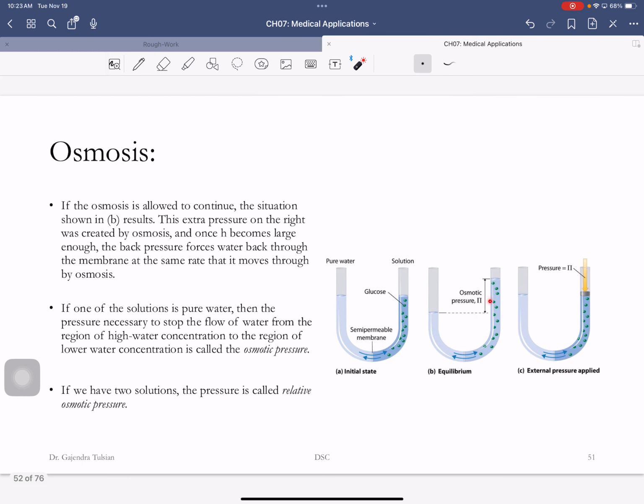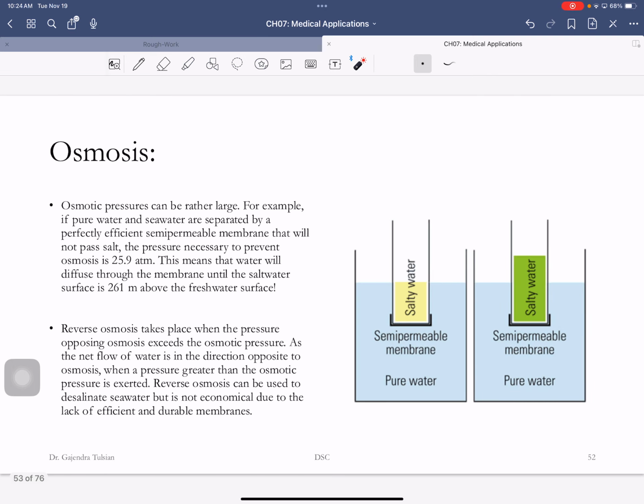So you can force water from an impure solution through a semi-permeable membrane. You just have to apply greater pressure than the osmotic pressure. Reverse osmosis can be used to desalinate seawater, but is not economical due to the lack of efficient and durable membranes. So that's one of the problems in desalination. I don't know if you guys know, Tampa has a large desalination plant. It costs a bit of electricity.